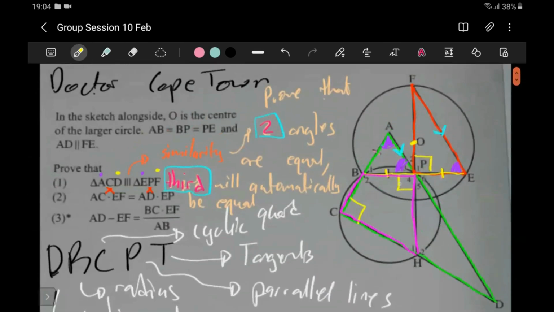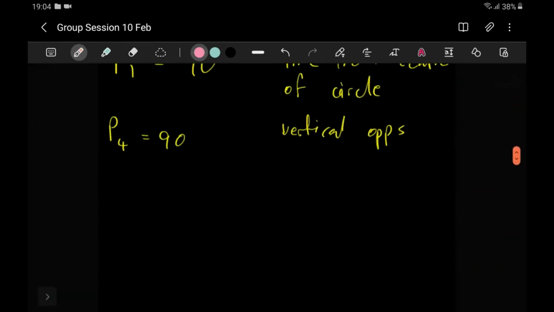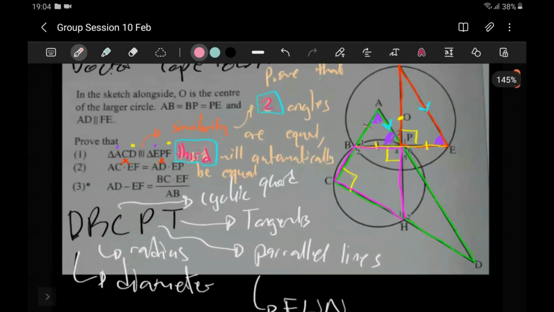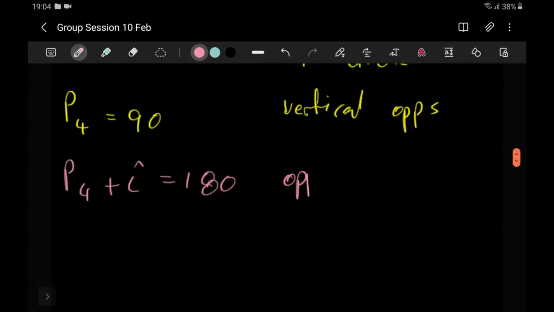Now we need to say that P4 plus C should add up to 180 and give a reason. So P4 plus C is equal to 180. The reason is opposite angles of a cyclic quad.